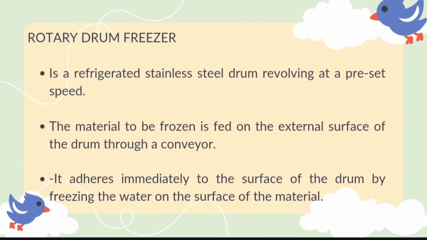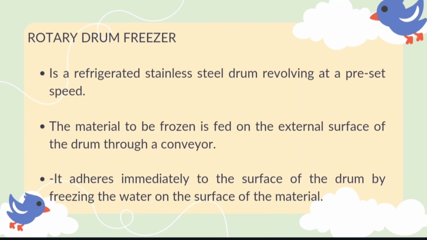Next is the rotary drum freezer. This is a refrigerated stainless steel drum revolving at a preset speed. The liquid refrigerant is drained off as the drum rotates, the food products remaining in the packets for drying. The rotation cycle is timed and synchronized to produce the level of product freezing desired. The food product is discharged from the rotating drum into a conveyor system for packaging.